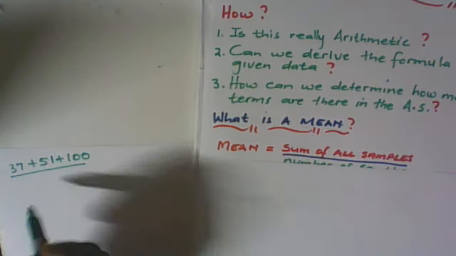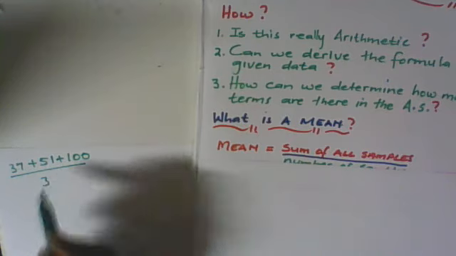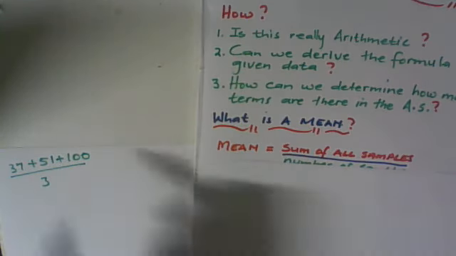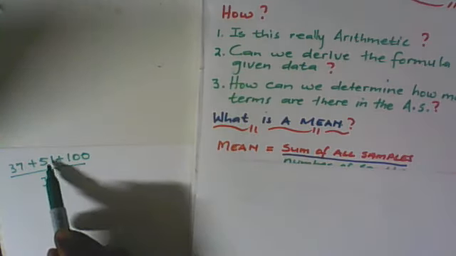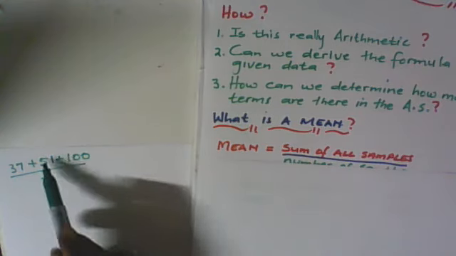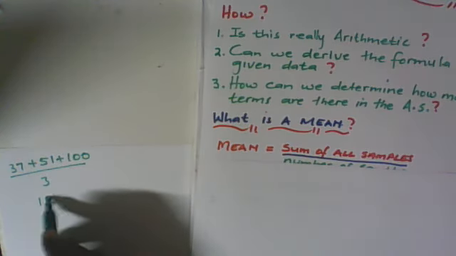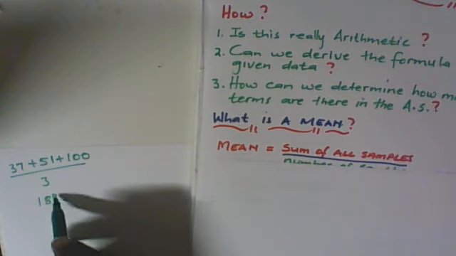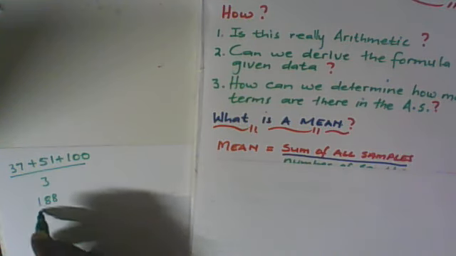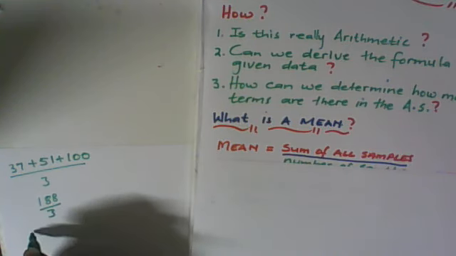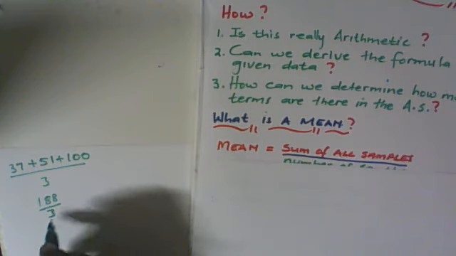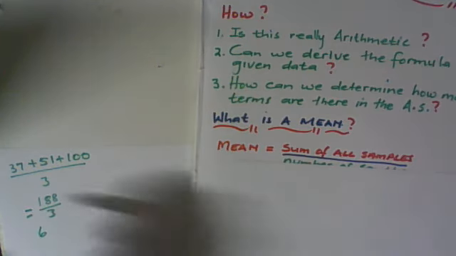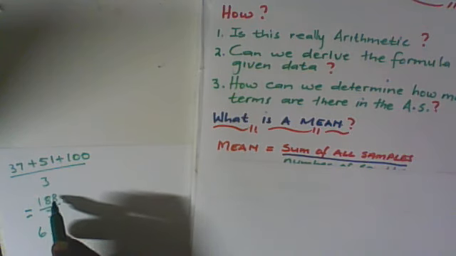You are going to add them up and then divide by 3. Let's check. That will be 188, then divided by 3. 3 into 18 goes 6 times, and it leaves nothing.